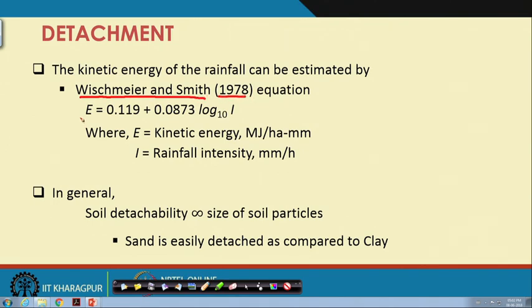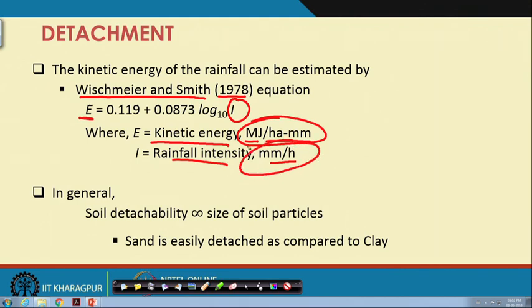As per this equation, E, which is the kinetic energy in million joules per hectare millimeter, is related to rainfall intensity I in millimeter per hour by this equation: E equals 0.119 plus 0.0873 log base 10 I. As it is an empirical formula, if you want to use this, you have to remember that kinetic energy will always be in million joules per hectare millimeter, and rainfall intensity has to be used in millimeter per hour.